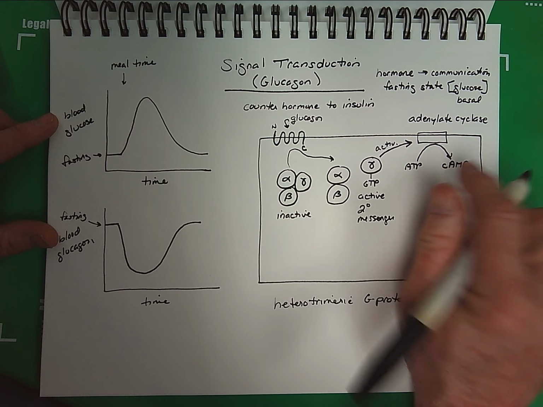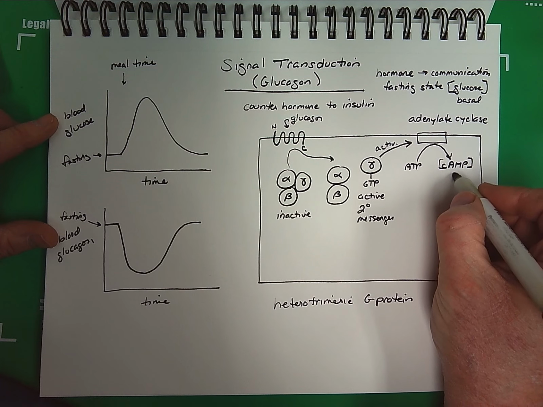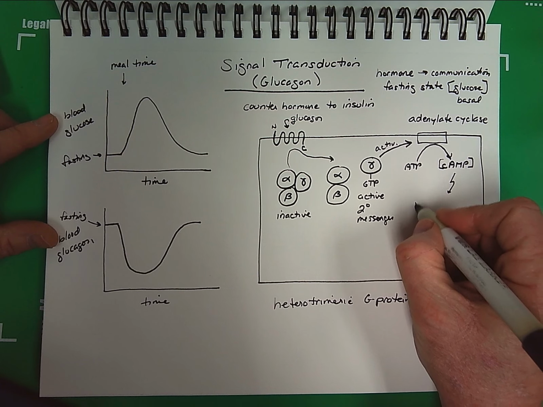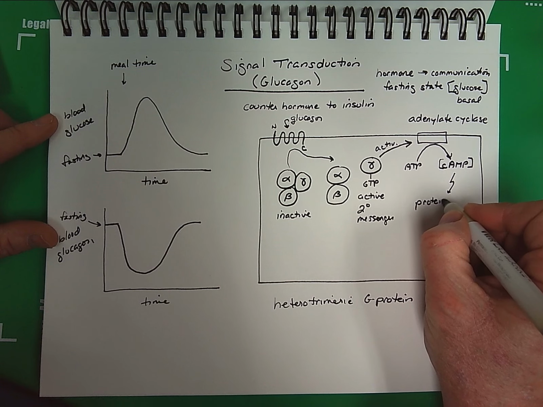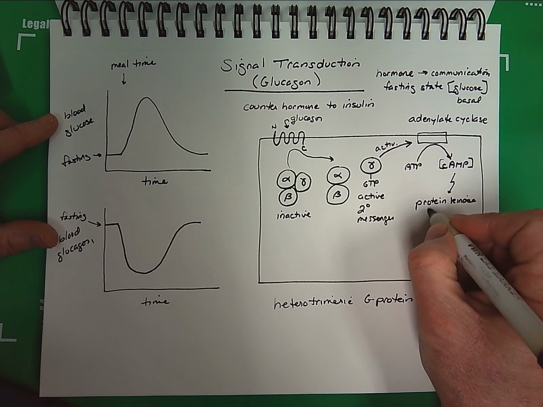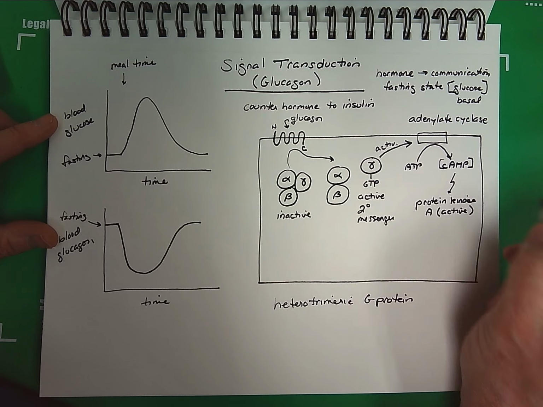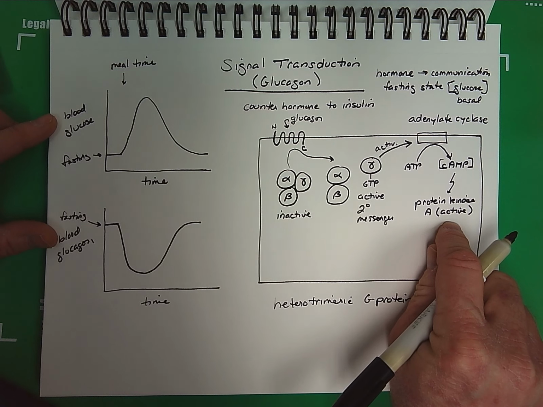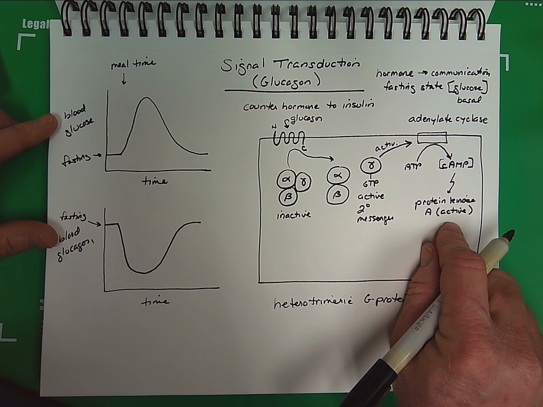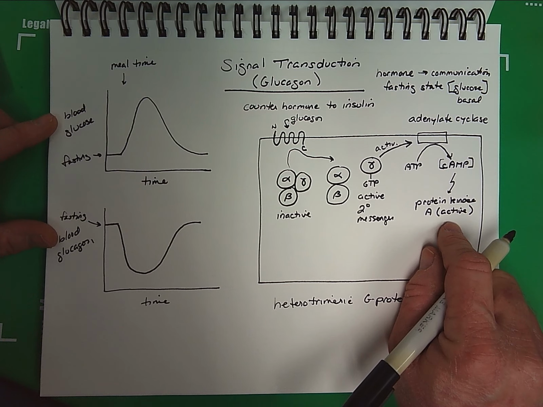Now once our cyclic AMP concentrations rise inside the cell, this is going to activate another enzyme called protein kinase A. And it does so by binding to the enzyme. It's a cofactor. In our kinetic terms, you can call this an allosteric activator.